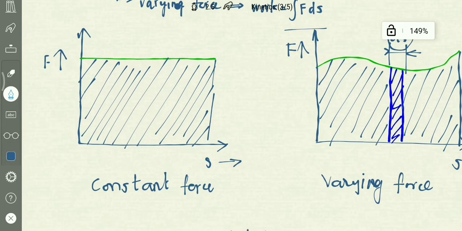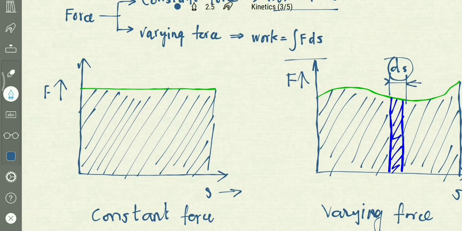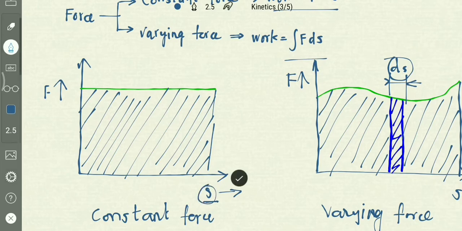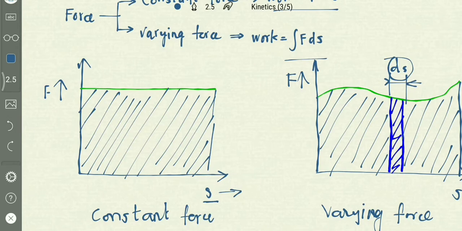So what is constant force? In the travel of a body from one position to another position, for example, it travels a distance s in time t, and the force along this travel remains constant, then it is a constant force.